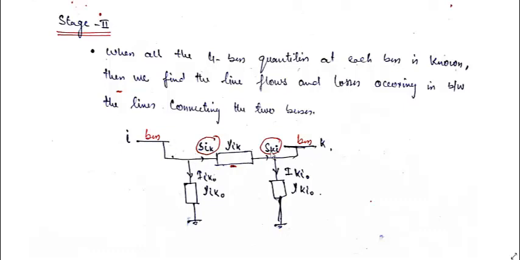This is S_ki, the complex power that flows from k to i. If the system is lossless, they will be the same, but if there is some loss, they will be different, and that difference will be the loss in this transmission line. So from here we get the line flows, that is the complex power flowing through the line, and the losses occurring in the line.